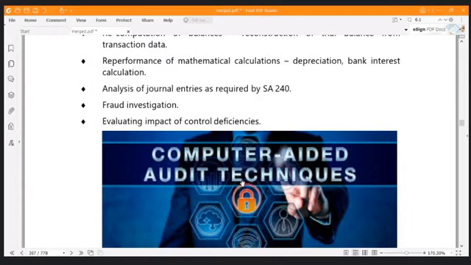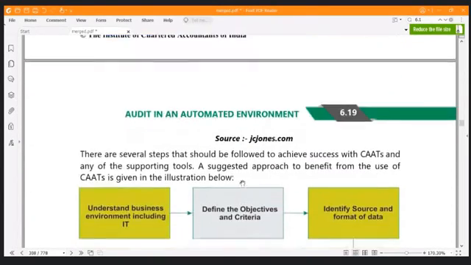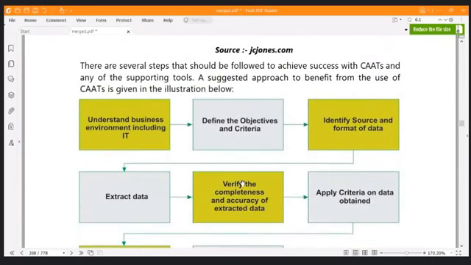Control deficiencies is where this data analytics software will throw up some sample, and that sample we have to physically test for the documents, test of details and test of controls. SA 240 we will anyways talk about when we come to that standard. Most likely SA 240 will be taken up by Usha madam. So once we reach that area, she will step in.